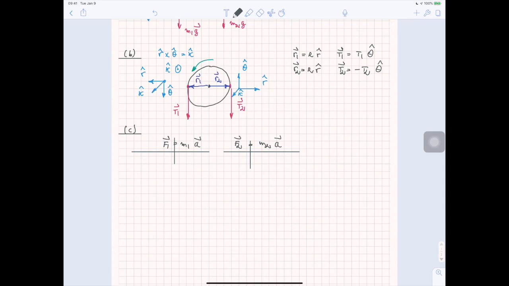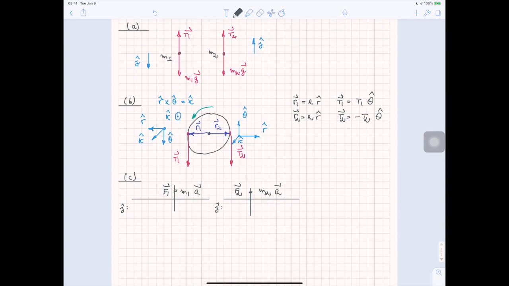So what do we therefore have? We have unit vector j in both directions, two independent systems. T1 is in the opposite direction, so it's minus T1 plus m1g equals m1a. As a constraint, both of these accelerations a1 and a2 are the same. And then for the second object, m2g is in the opposite direction, and T2 is in the direction of j.